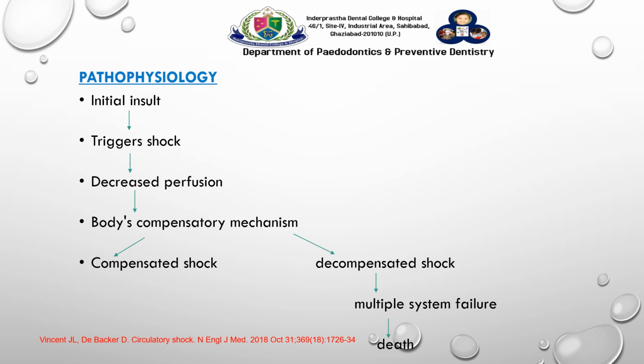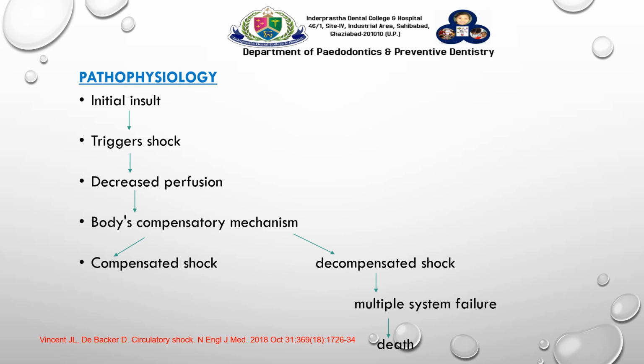Now let's discuss the pathophysiology of shock. When there is an initial insult like an injury, it triggers shock, which is decreased perfusion to the body tissues, leading to the body's compensatory mechanism.